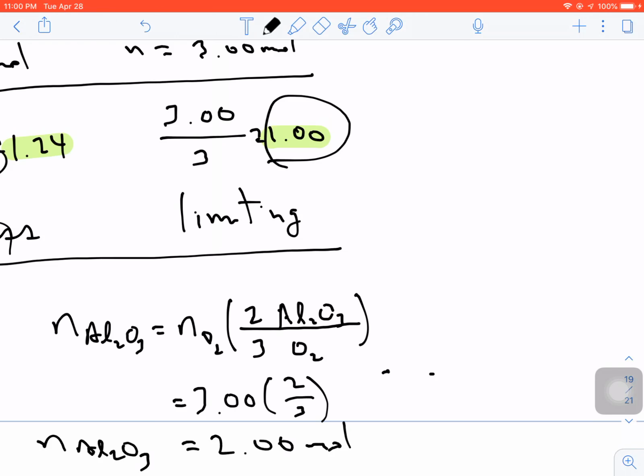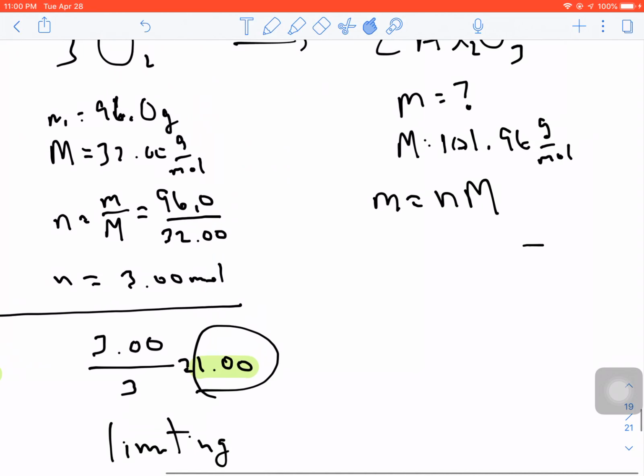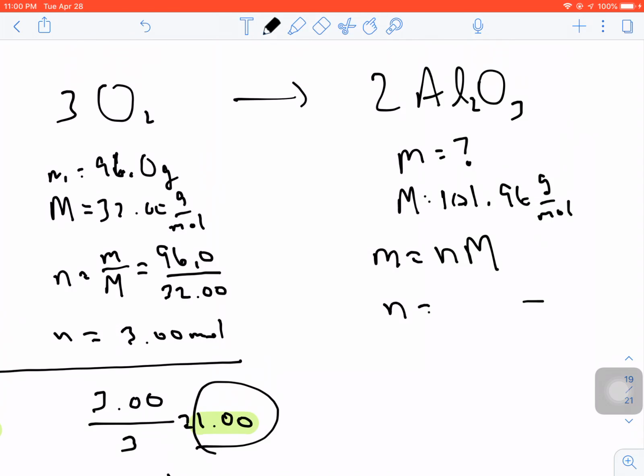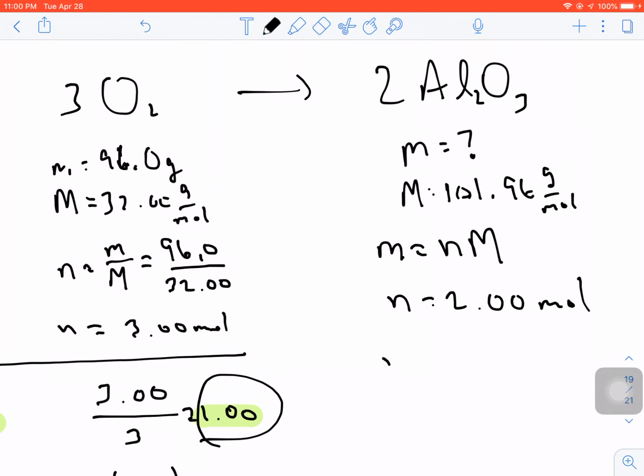Now I can take this number up over there, and I can solve for my mass. The number of moles of aluminum oxide is 2.00 moles. And now I can calculate my mass, which is number of moles, 2, times molar mass, 101.96.